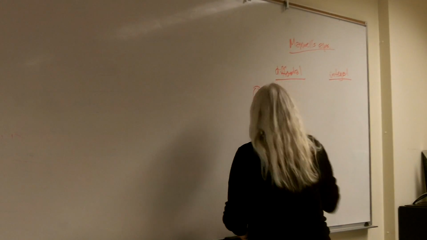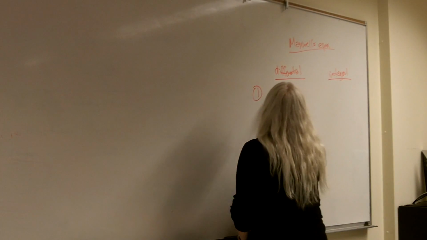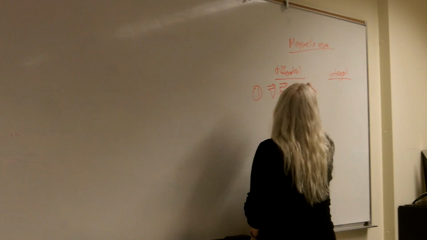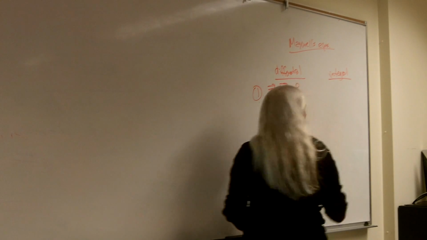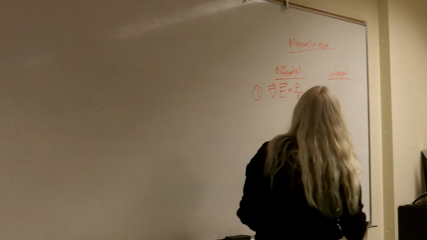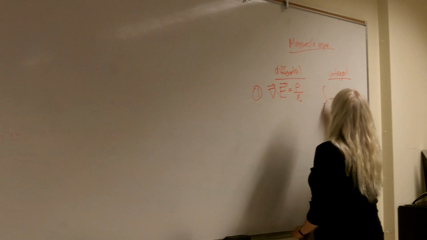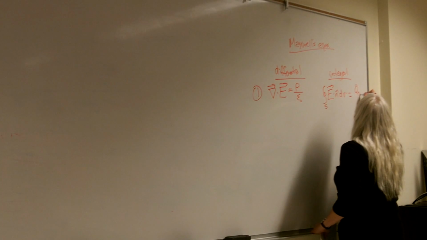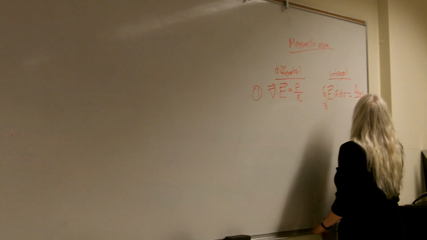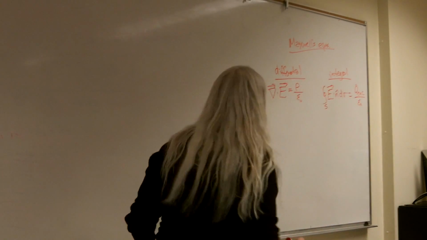Okay, so the first one, or Gauss's law, differential form tells us the divergence of E is equal to the charge density over epsilon naught, and the integral form tells us that the integral of E dot n hat d sigma integrated over any closed surface S, Gaussian surface, is the enclosed charge inside that surface divided by epsilon naught.